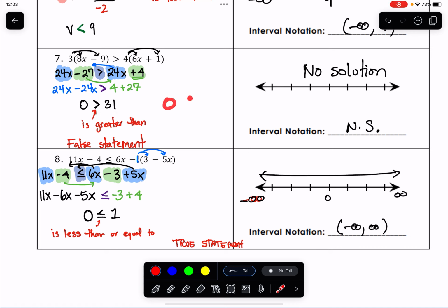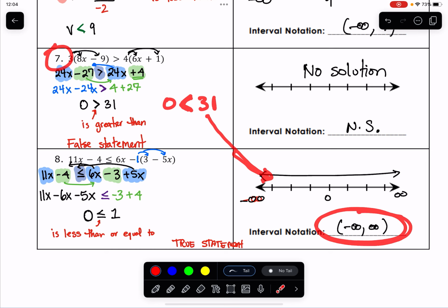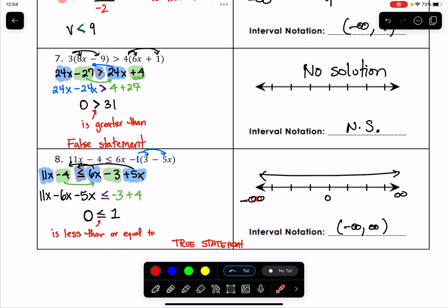Had it been the other way around, had this inequality been pointing to the left and we're saying that 0 is less than 31, then in that situation, example 7 would have the same answer as 8. And the answer would be from negative infinity to positive infinity. So as long as 0 is in fact bigger than or smaller than the number on the right, then your answer is going to be negative to positive infinity.